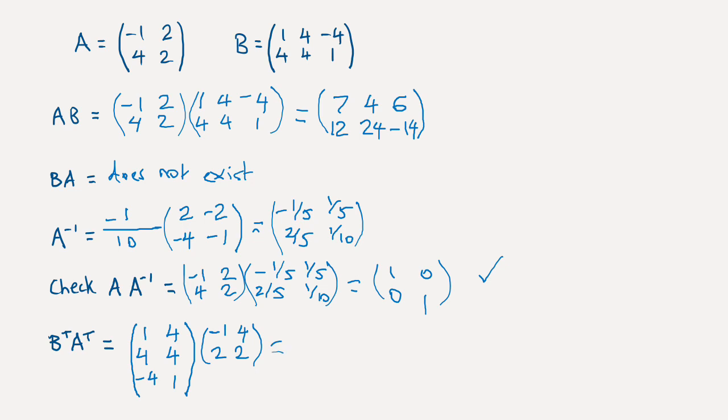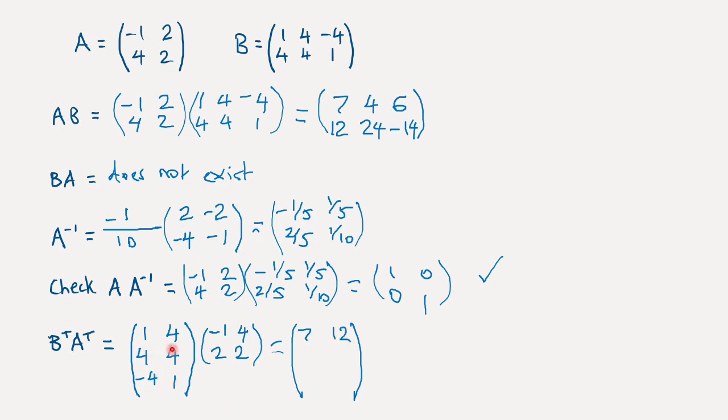Let's multiply these together. So I'm going to have first row, first column inner product, so minus 1 plus 8, so plus 7. And then we'll have first row, second column inner product, so 4 plus 8, so 12.